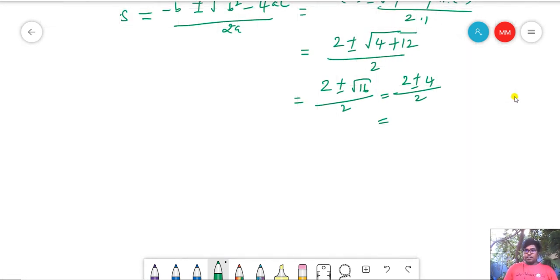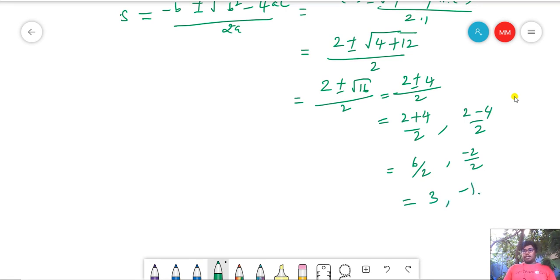One value is 2 plus 4 divided by 2, another is 2 minus 4 divided by 2. So one is 6 by 2 and the other is minus 2 by 2. Therefore one is 3, another is minus 1. These are the breakaway and break-in points.